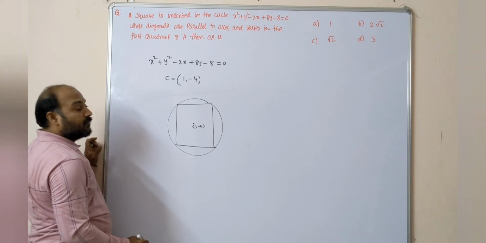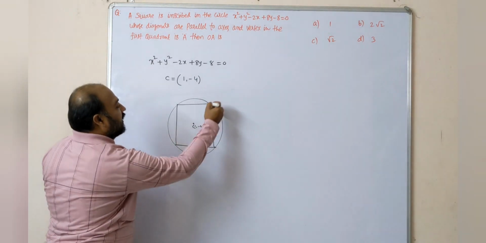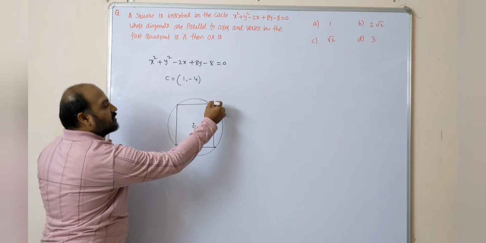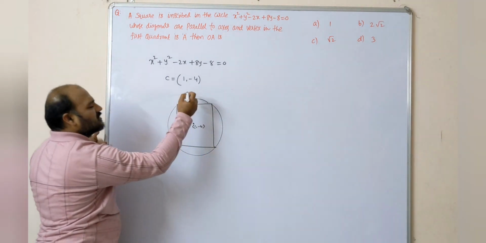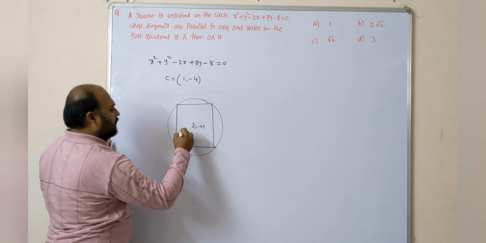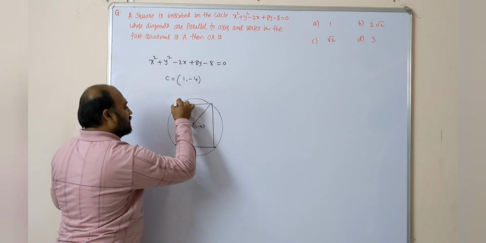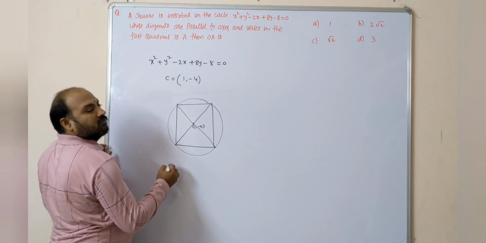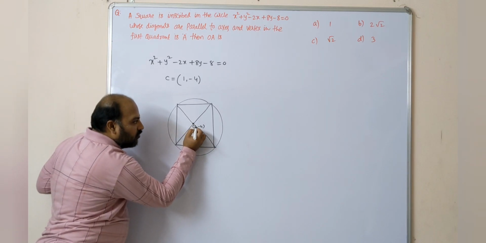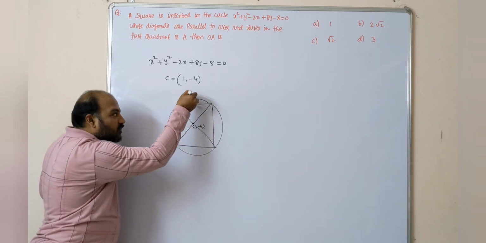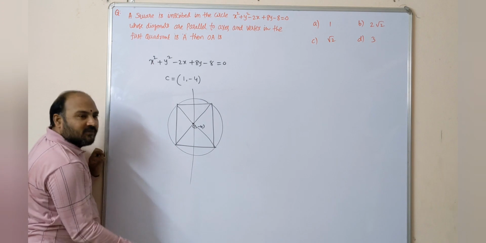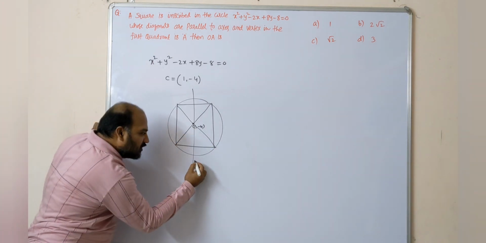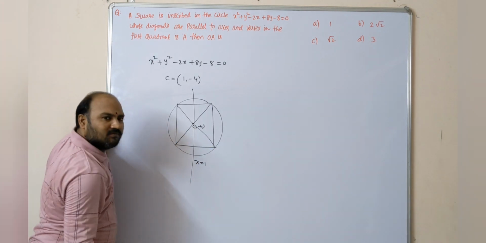The coordinate axes are parallel to the diagonals. The diagonal is there, here this one, parallel to the x axis like this. These are the diagonals of the square. For (1, minus 4), if we draw a line, x is equal to 1.